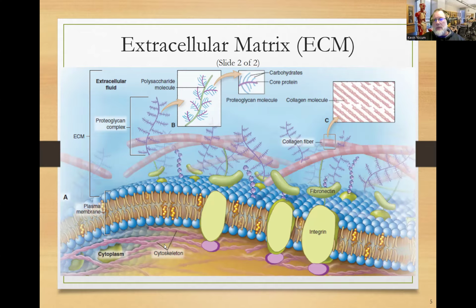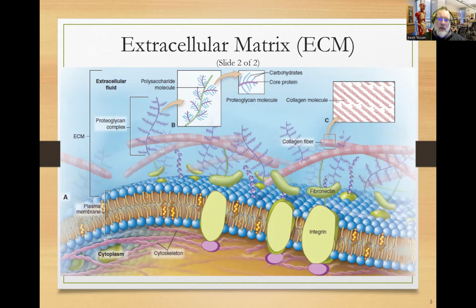This would be what they call intra or inside cellular space or intracellular fluid. And then outside the cell is extracellular fluid or interstitial or intercellular. I know some of the terminology and the directional prefixes can be a little bit confusing, especially when they're so similar.